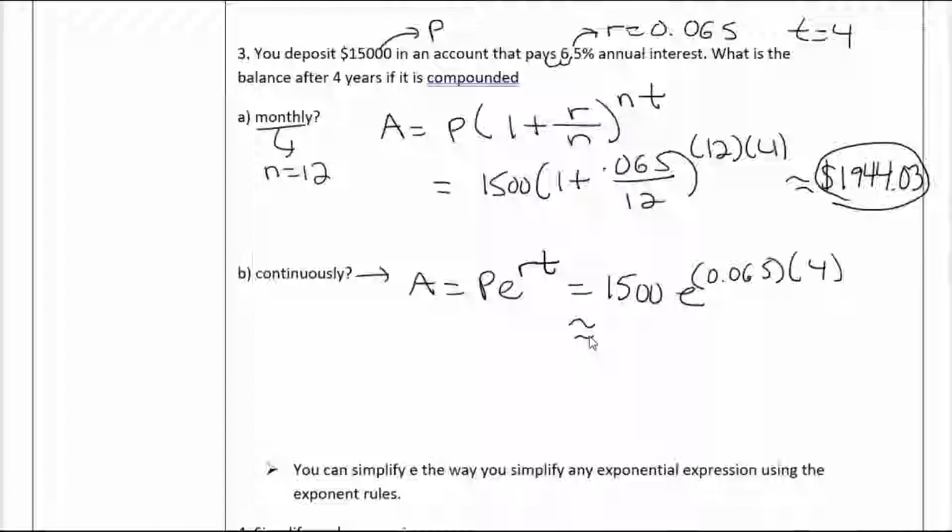Let me double check that number just in case. 1,500 E raised to the 0.065 times 4. All right, so we get $1,945.40.